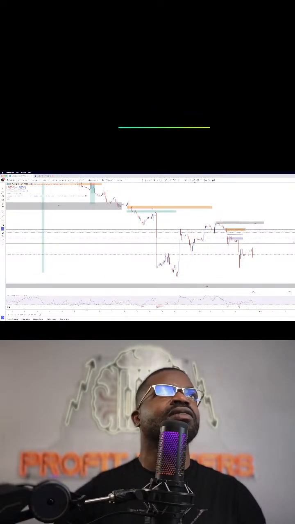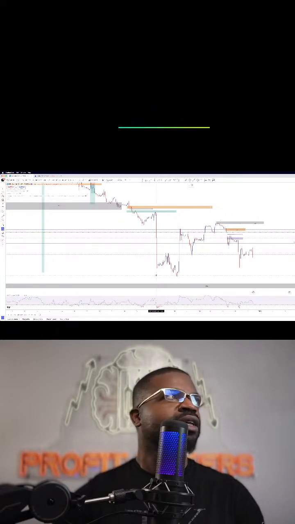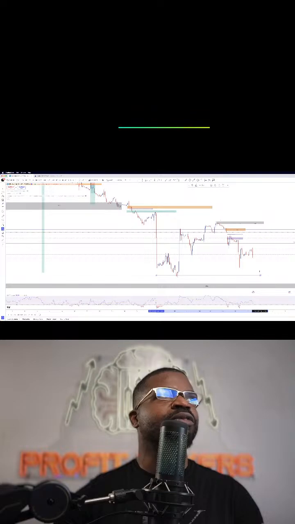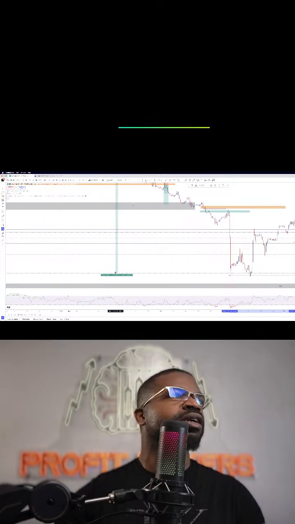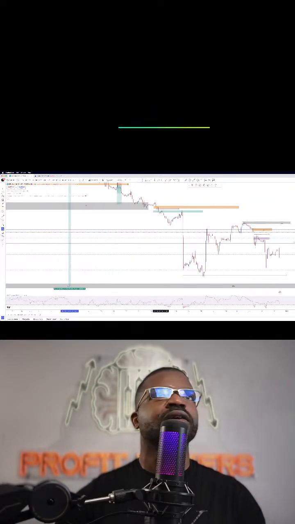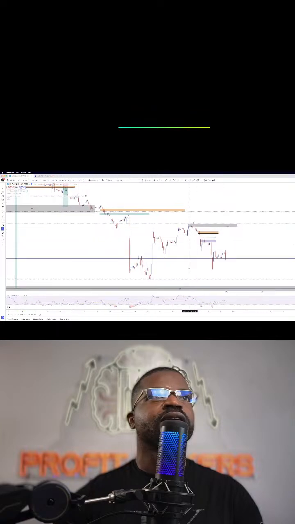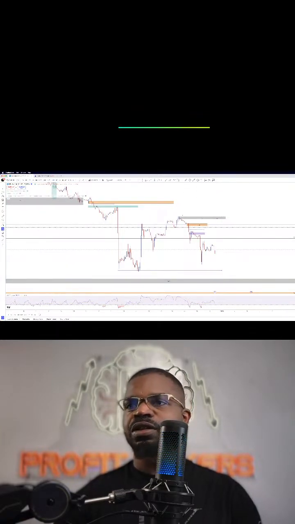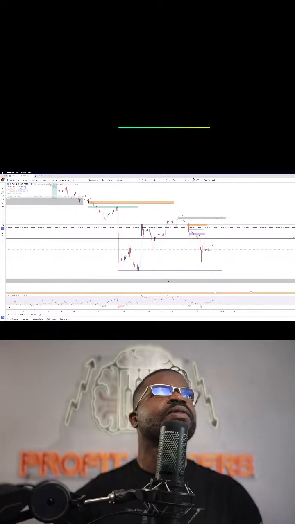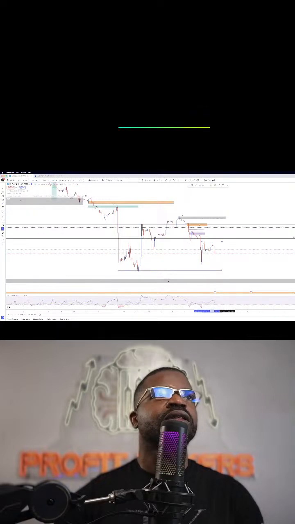So we got a daily zone on US 30 that I had marked a while back. I thought this move would be a lot smoother, but it's not. Okay.